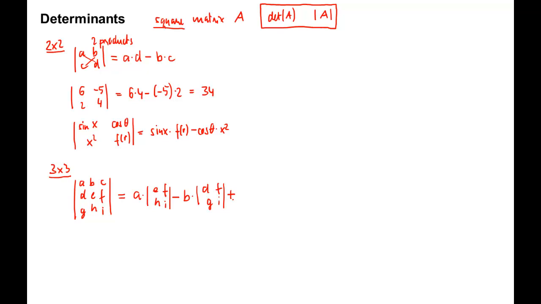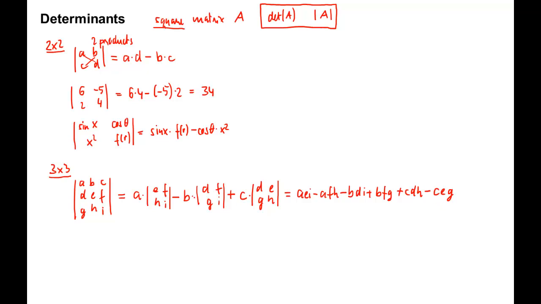Lastly, we get again a flip of sign, top row element C times the determinant of the remaining columns in the two lower rows, which is D, E, G, H. Now we have to work on the 2x2 determinants. Multiplying out, we get AEI minus AFH minus BDI plus BFG plus CDH minus CEG.